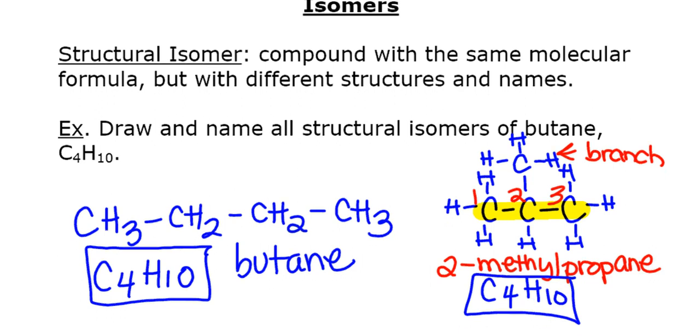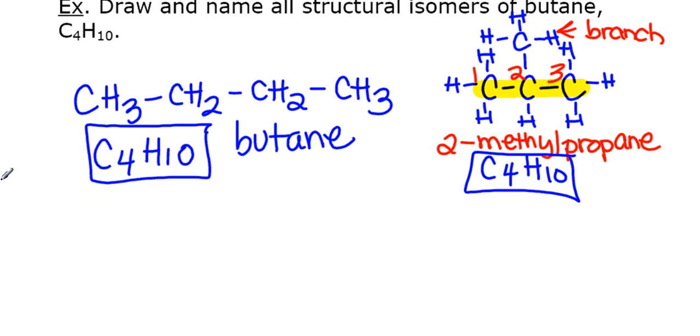Now, there are some helpful hints when you're dealing with structural isomers. If you're given a molecular formula like this one up here, it's actually giving you some information. So you may have noticed from some of your reading, if you're given a molecular formula from your hydrocarbons, it can tell you which family they belong to.